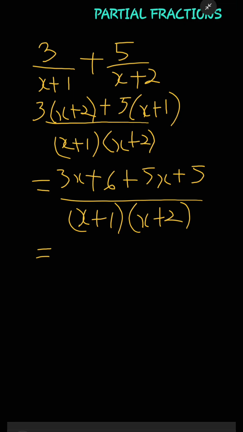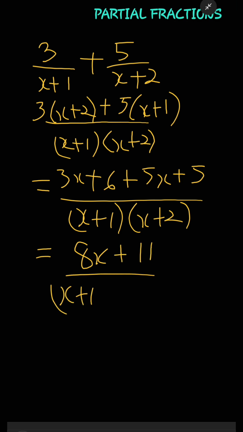Now collecting like terms, 3x plus 5x we are having 8x, 6 plus 5 we are having 11, all over x plus 1, x plus 2. Now this is a complete fraction. It is not broken down anymore.